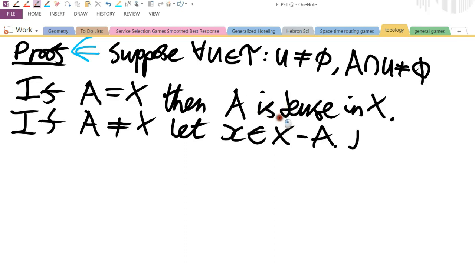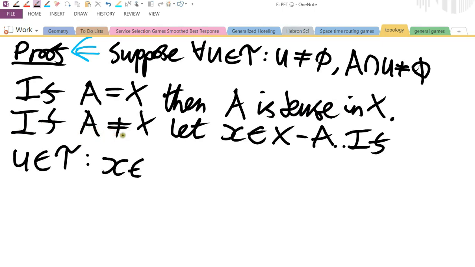So let's consider such a thing. It's an open set U, and x is a member of it.